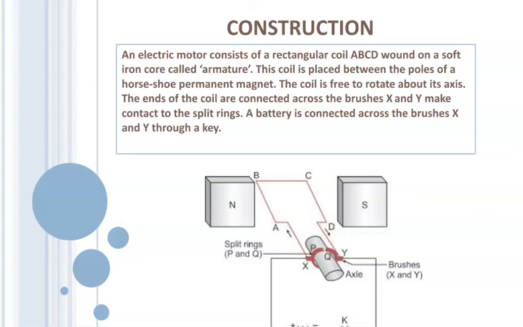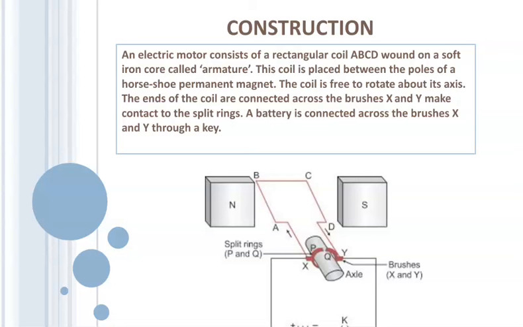The ends of the coil A and D are respectively connected to the split rings P and Q in the figure. The brushes X and Y press lightly against the split rings, that is P and Q respectively.